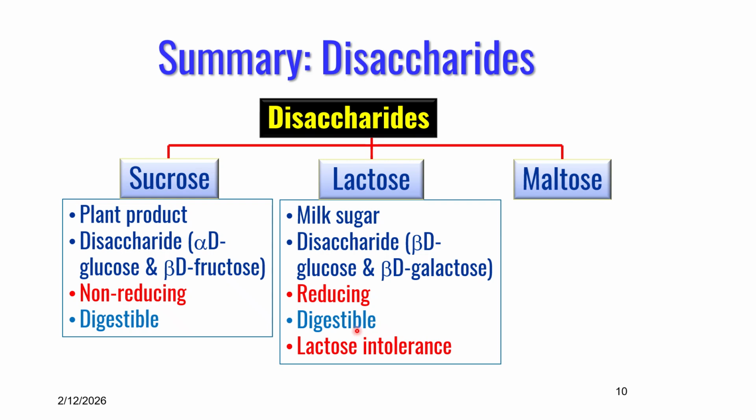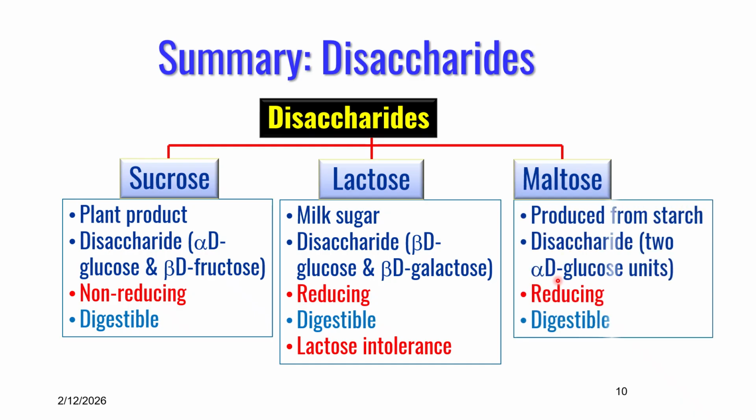It is digestible, and in most of the cases it is tolerated. However, in certain population, it cannot be digested and produces a condition known as lactose intolerance, which produces osmotic diarrhea and other GI symptoms.